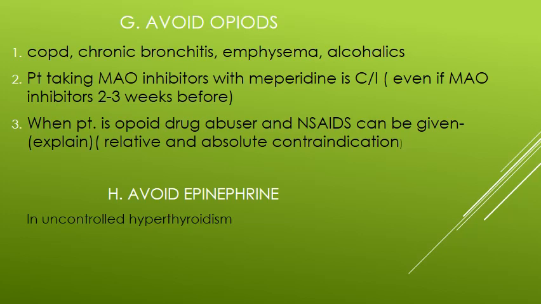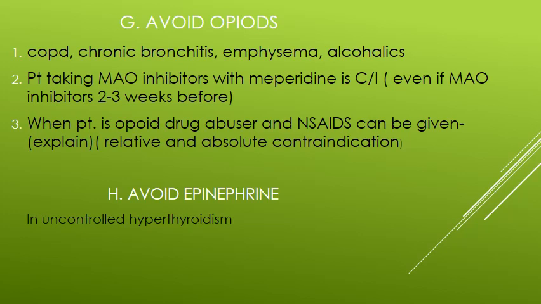Now the third point is when a patient is an opioid drug abuser. Here you have to know a bit about relative and absolute contraindications. Let's say the patient is an opioid drug abuser, and NSAIDs can be given to the patient.